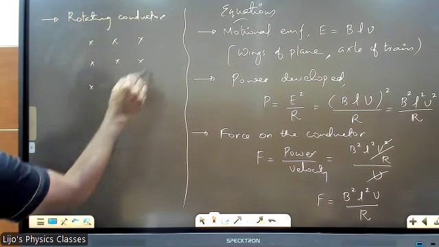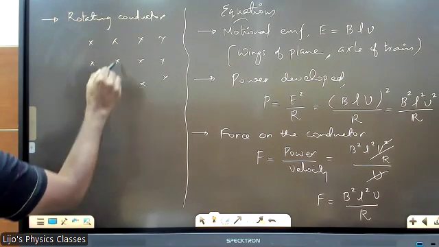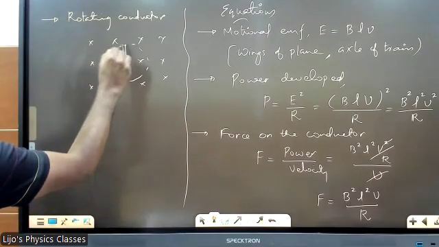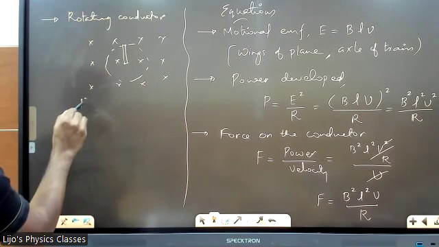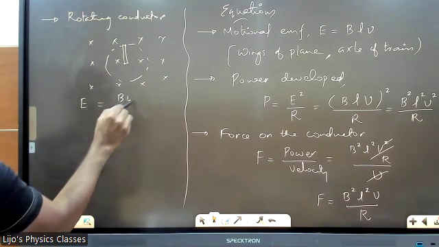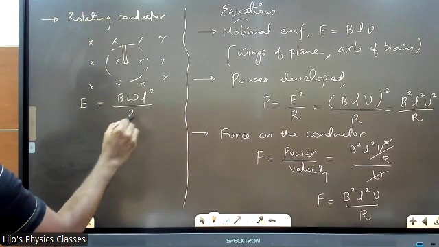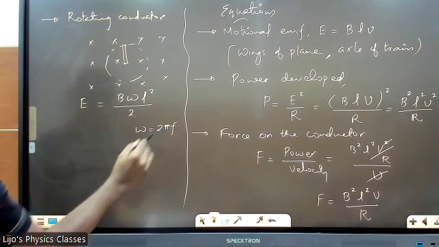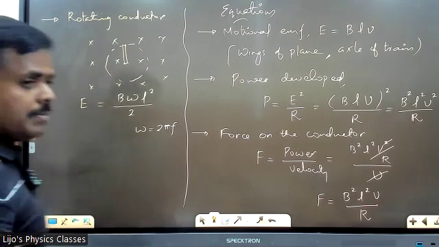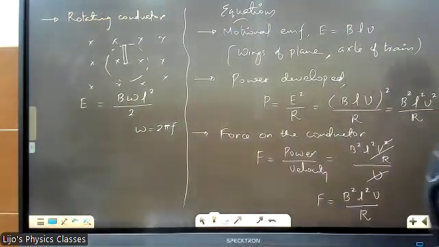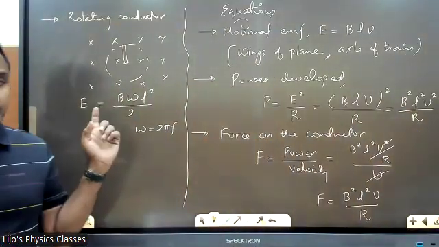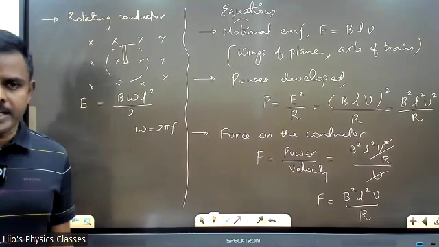We have a rotating conductor this time. Motional EMF in that case is given by B omega L square by 2. I'll be deriving it later today. Motional EMF is B omega L square by 2 for a rotating conductor.